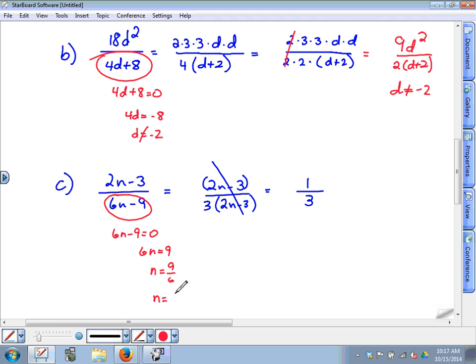I would just write it as 3 over 2, and that's what n cannot equal. Make sure you put a slash through that. N cannot equal 3/2. That's your excluded value.